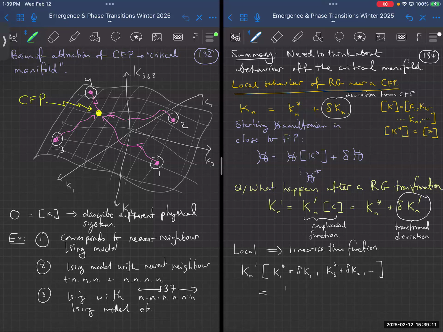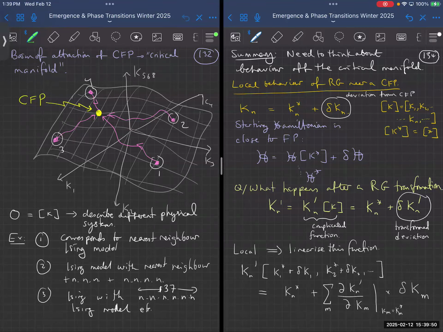So I'm going to just write that as Kn star plus dKn prime by dKm summed over m evaluated at the critical fixed point times my deviation delta Km.